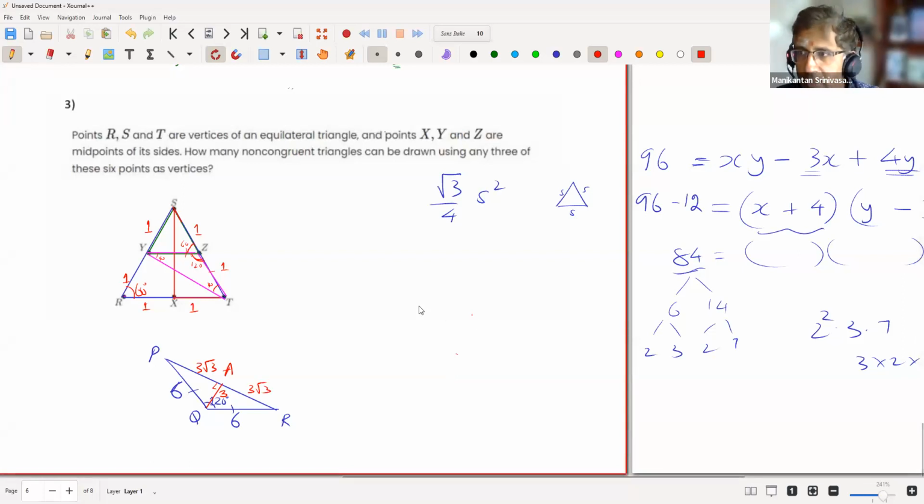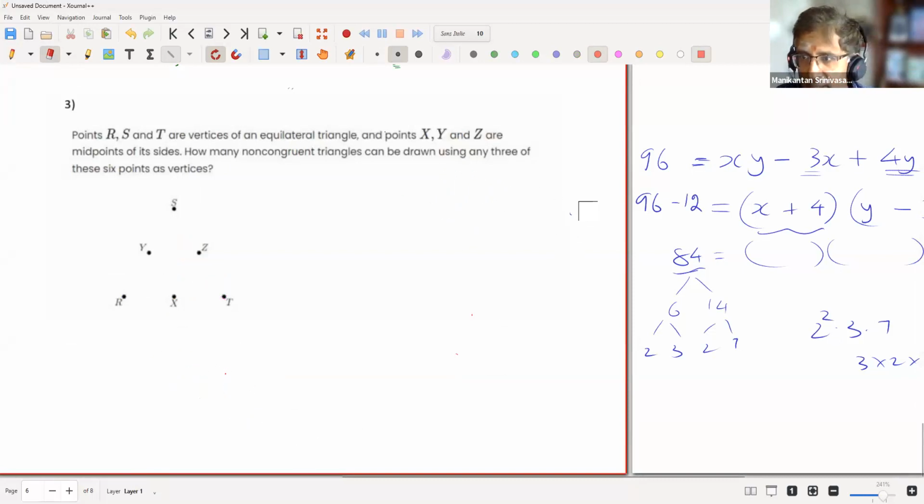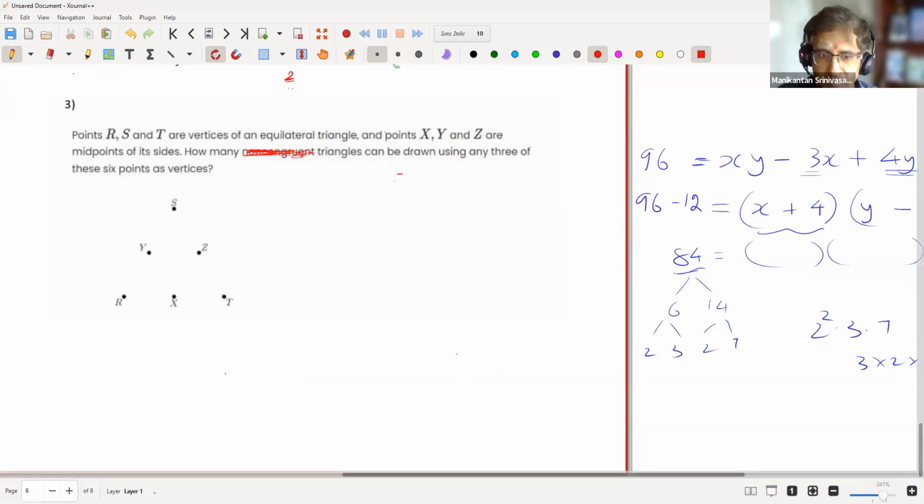Okay. Now, we are done with this question. Suppose I erase all of this, guys. Suppose I remove this word completely and make the question: how many triangles? Now, can you all do it?